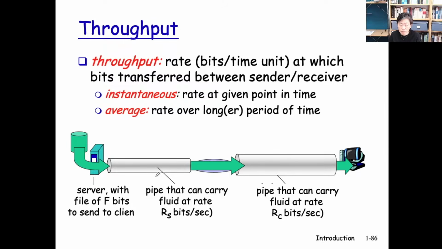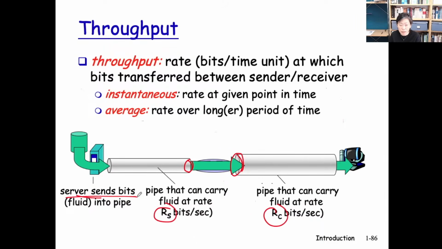I'm drawing the pipelines with the diameter based on the link capacity. RC here, let's assume, is larger, so you see a bigger pipe versus RS, a smaller pipe. You can also think of the server as a water tank, dumping fluid into the entire pipeline.